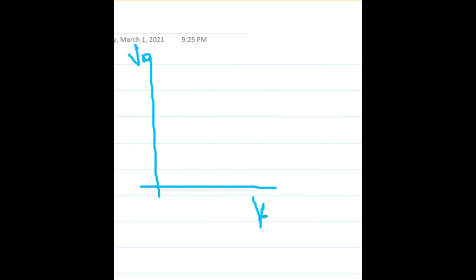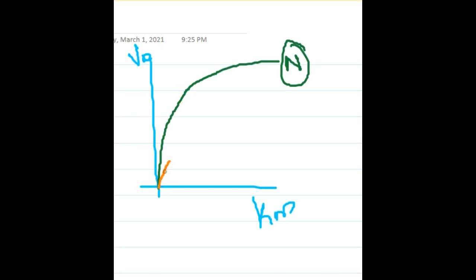So for a non-competitive inhibitor, if I draw the picture, this is the V0 and this is the Km. Think that this is normal. Now if you give a non-competitive inhibitor, slowly the non-competitive inhibitor will start acting and it will inhibit the substrate binding to the enzyme, and as a result slowly the velocity of reaction decreases and decreases, and finally it is less than the normal reaction.